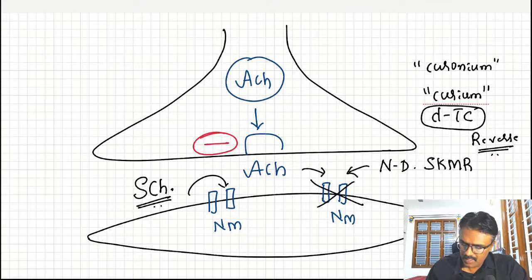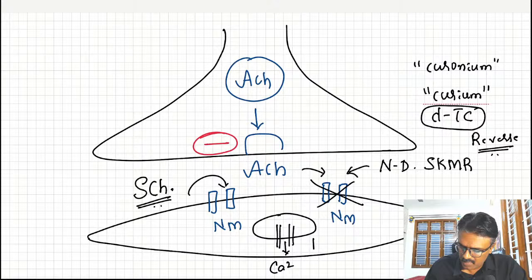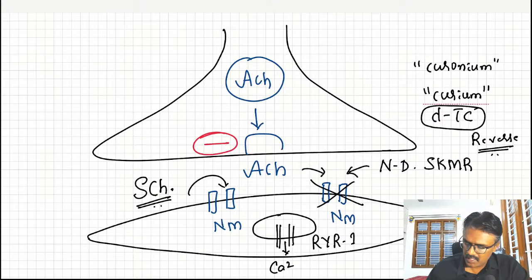Now we have a receptor in skeletal muscle which releases calcium, which is required for contraction. The receptor is called the ryanodine receptor 1, RYR1. Tell me which drug inhibits RYR1. The name of the drug, a beautiful name, is dantrolene sodium.